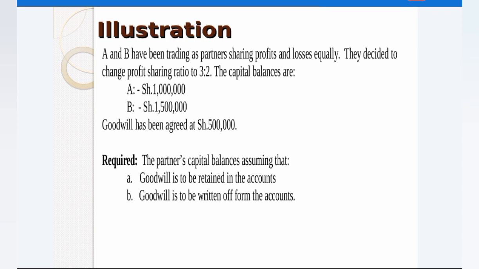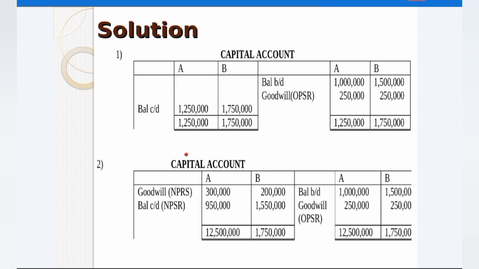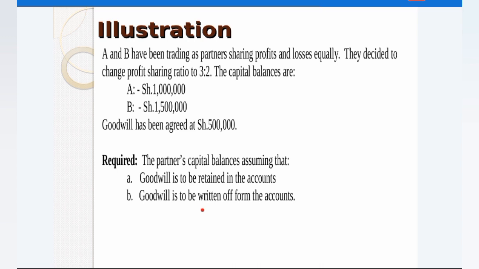So our solution for A should be this. Our solution for A, the capital accounts, of course, we have the balances brought down, 1 million for A and 1.5 million for B. You can see from our illustration here, A 1 million and B 1.5 million.